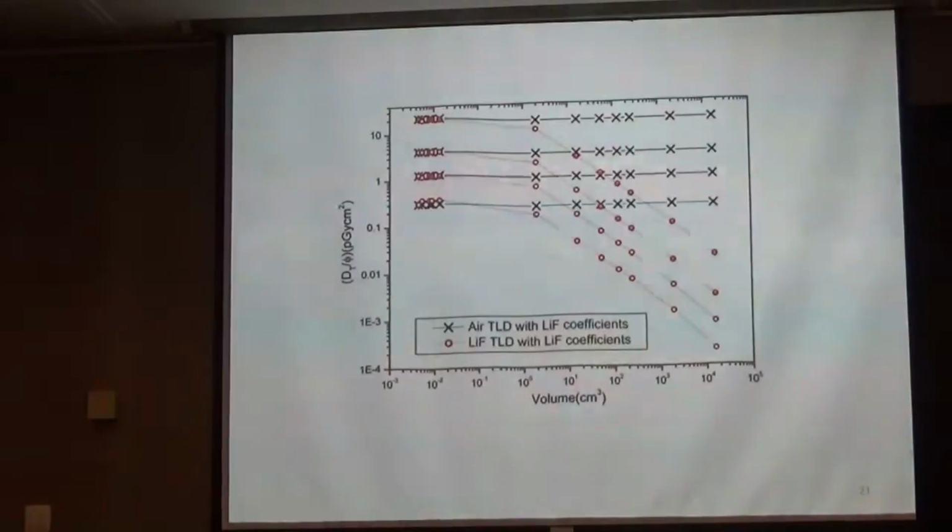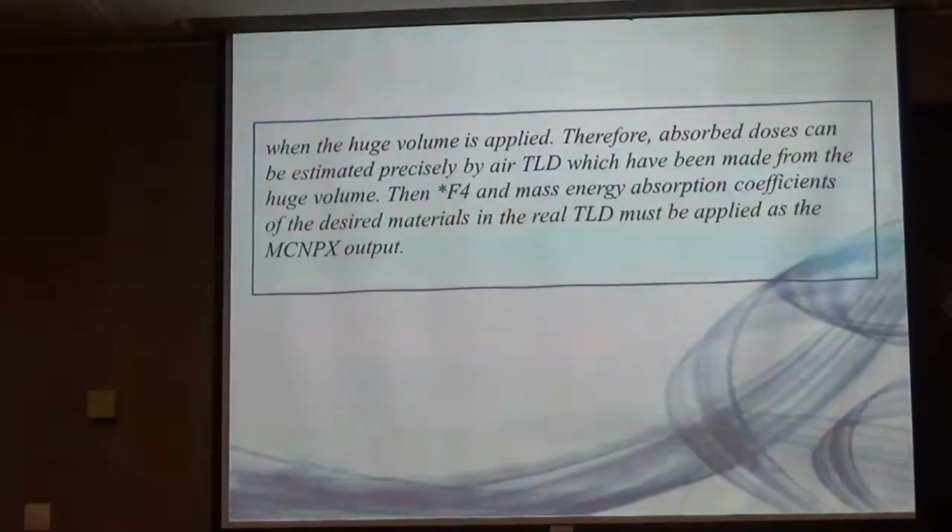However, the dose acquired using the air TLD remains constant. Therefore, when a huge volume is applied, absorbed doses can be estimated precisely by the air TLD made from the huge volume. Then the mass energy absorption coefficient of the desired materials in the real TLD must be applied as the MCNP's output.